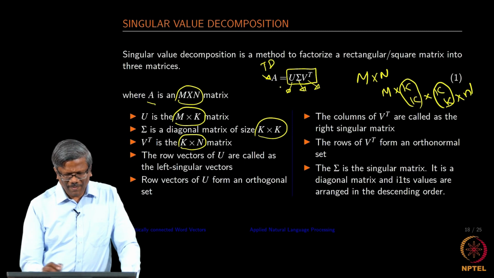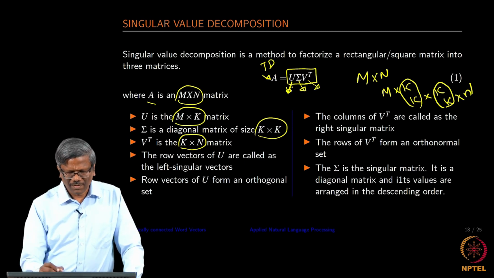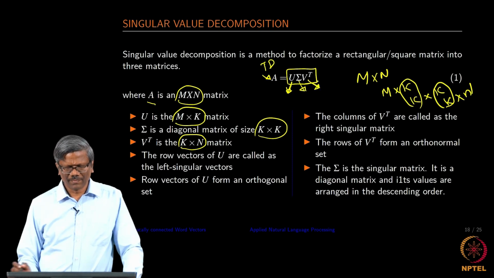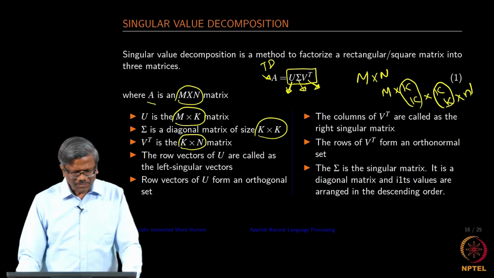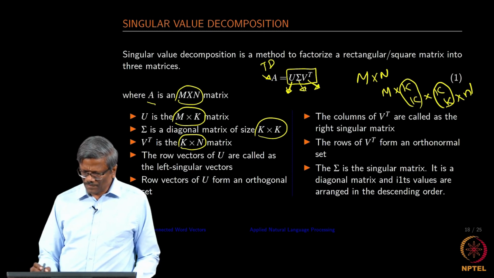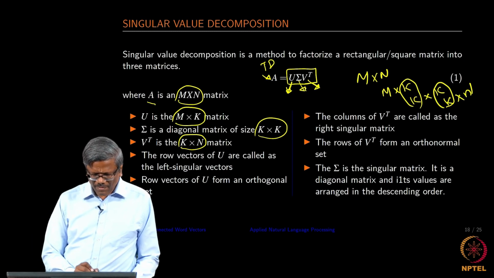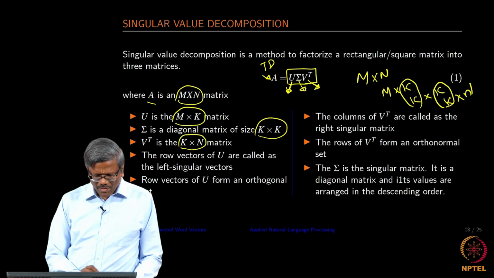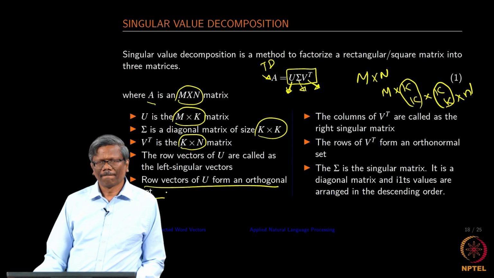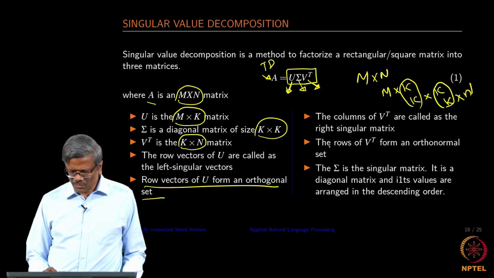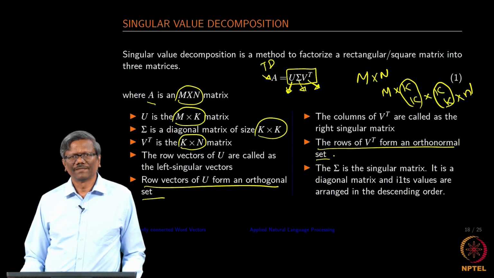So, we call U the left singular matrix, we call V the right singular matrix, and sigma our singular values. Okay. So, the row vectors of U form an orthogonal set. Okay. The rows of V transpose form an orthogonal set.